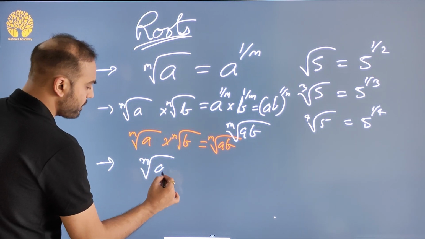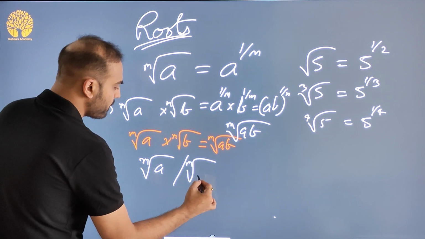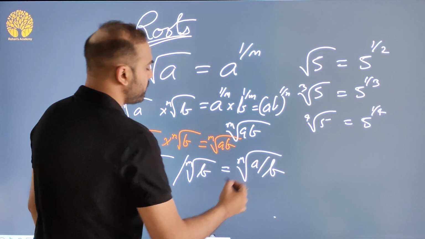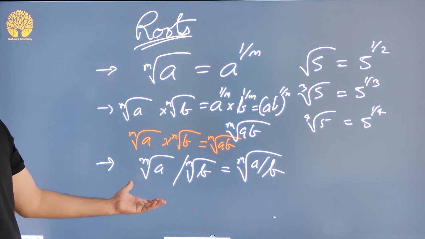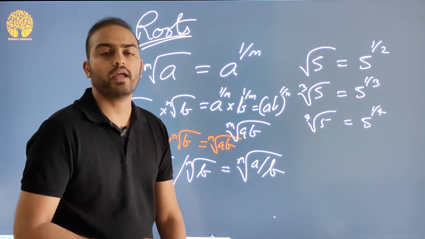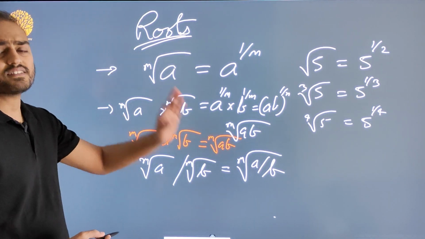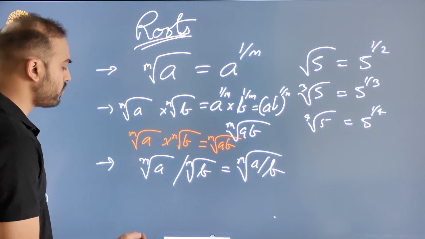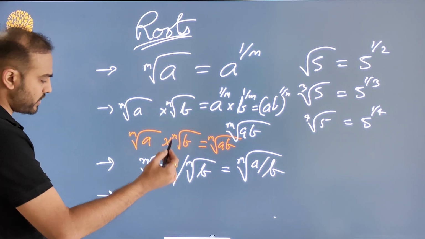Similarly, division: the mth root of a divided by the mth root of b is simply the mth root of a by b. Okay, so as I said, all the same properties follow, right? Say power of power, right?